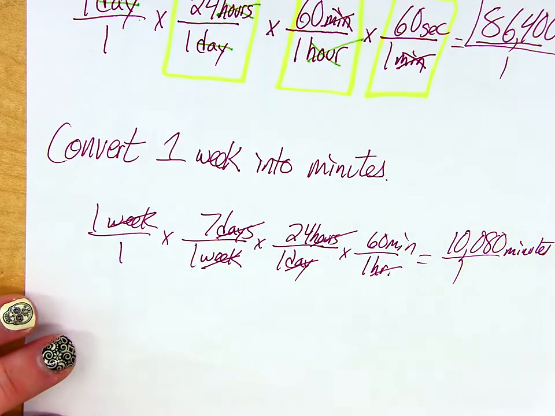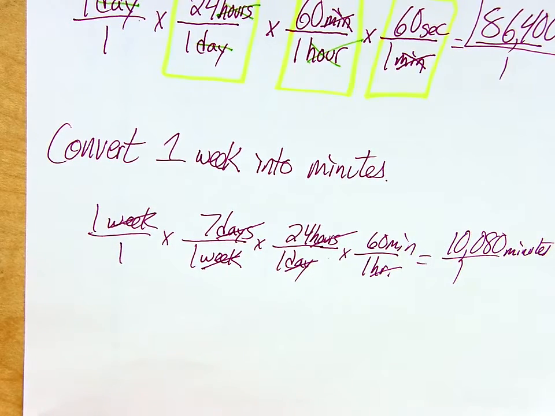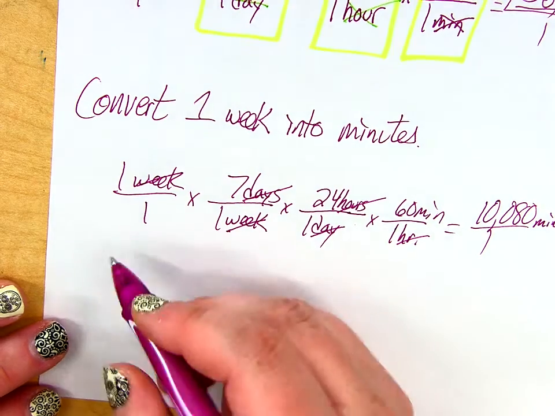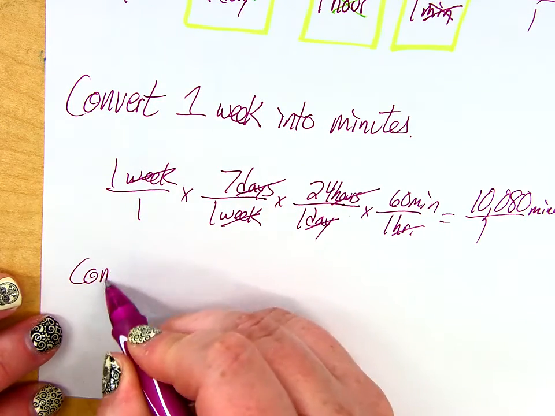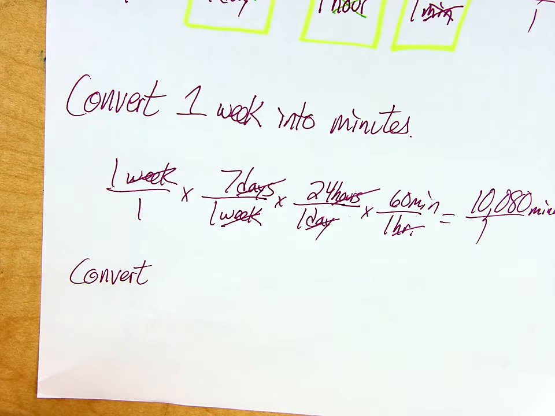So, how about you convert... All right, I don't know. Convert, well, that's too easy, now that I'm thinking about it. Oh, okay, forget it, I'm not gonna do months.